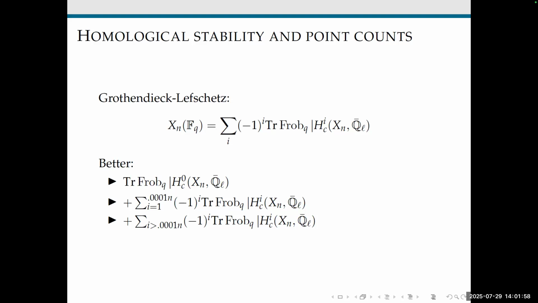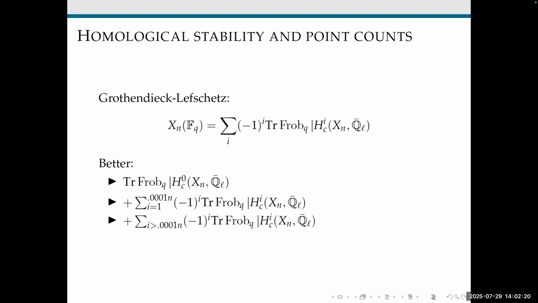So let's see how this looks. I've written Grothendieck-Lefschetz again, but I think it's better to really think of this as breaking into 3 separate zones. We're going to break up the sum over the homological degrees, the sum over i, into 3 pieces. There's the big i, which I put last, outside that so-called stable range that I mentioned earlier.